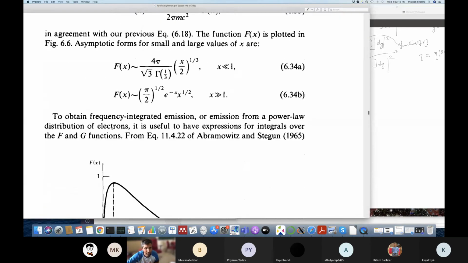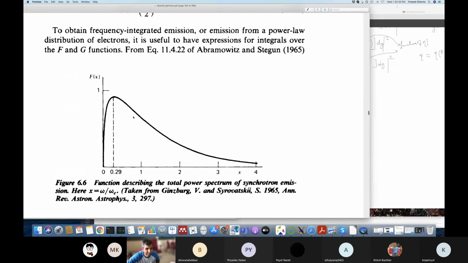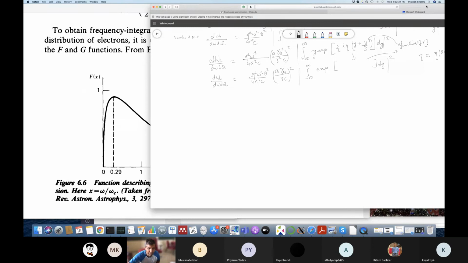Here is f(x), and recall that x equals omega by omega_c, this critical frequency, which is proportional to gamma cube omega_B sine alpha. So this is f(x) as a function of x.